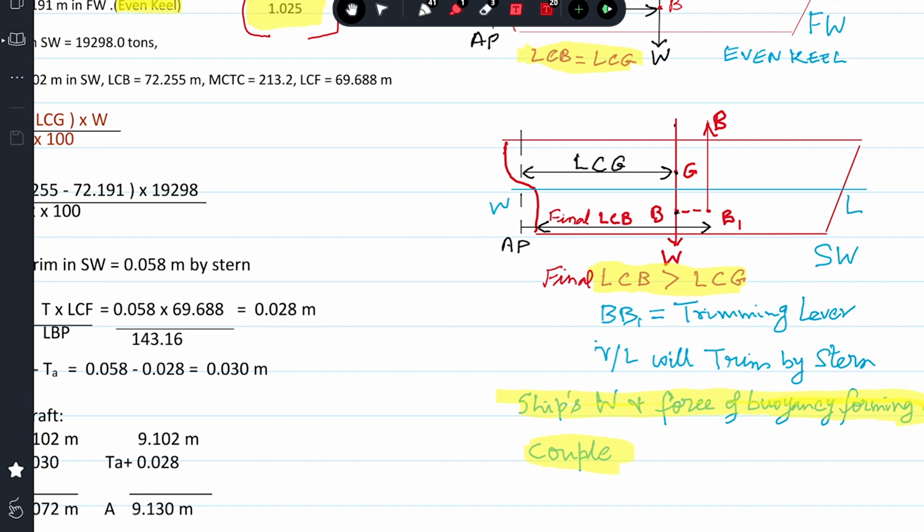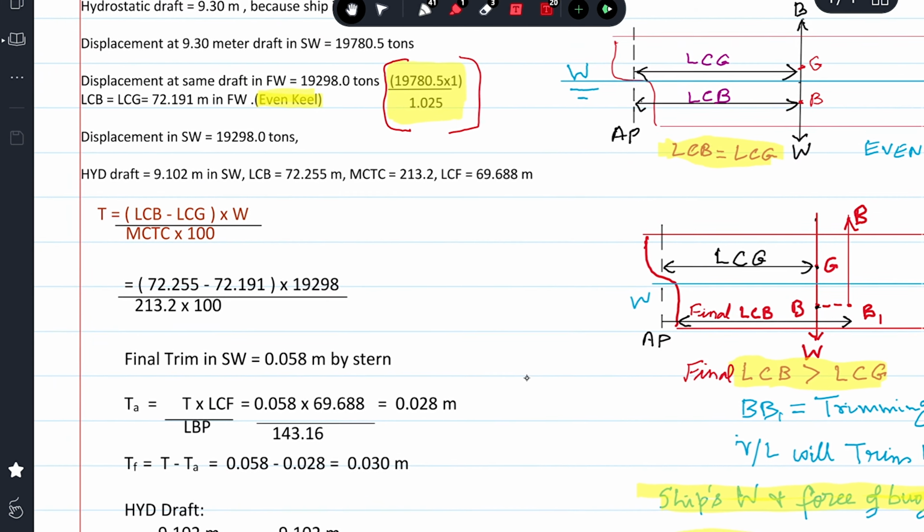The ship has risen up parallel, thereby the underwater volume has now changed and the center of buoyancy also consequently changed. And because the shape of the hull, water plane area is changed, we see that the buoyancy has shifted forward. This created a couple between buoyancy force and the ship's weight, which rotated the ship to trim by stern. That is the explanation.